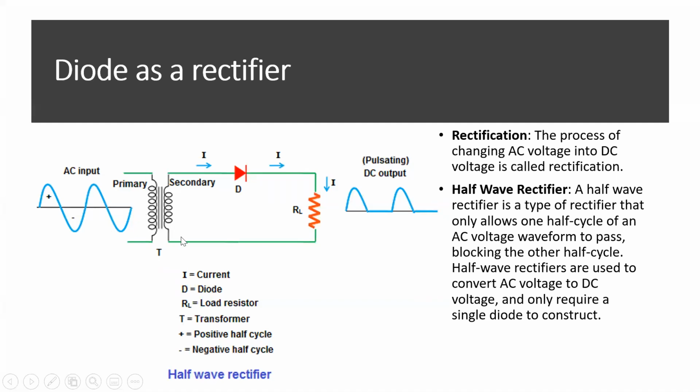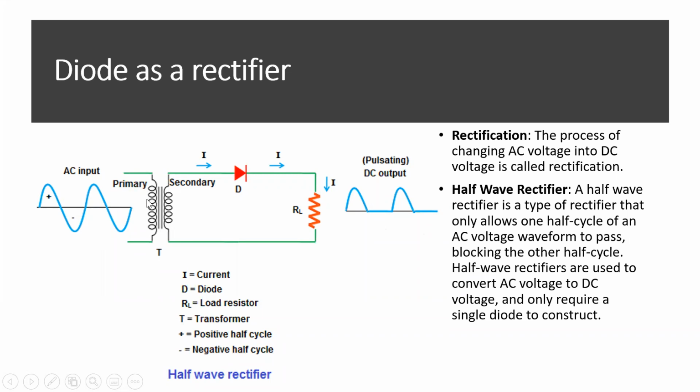Why do we use a transformer? We use a transformer to step up or step down voltage, which means to change the voltage and current. Usually the supply voltage is very high, about 220 volts.